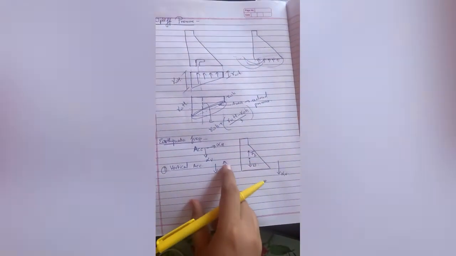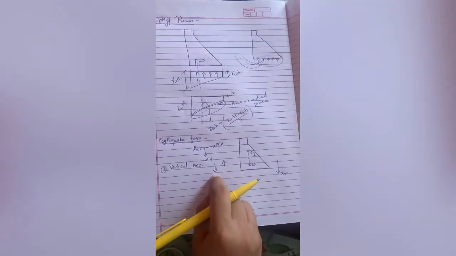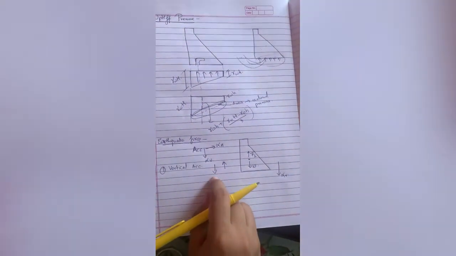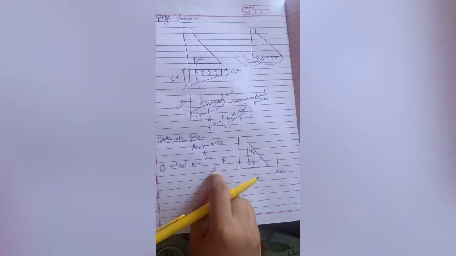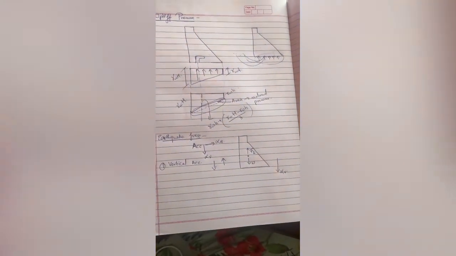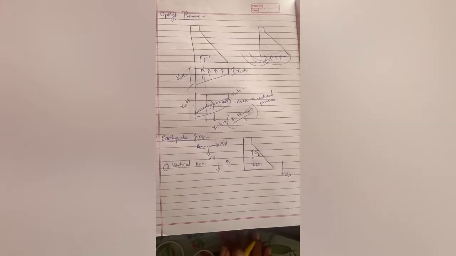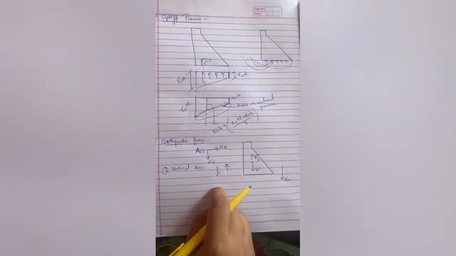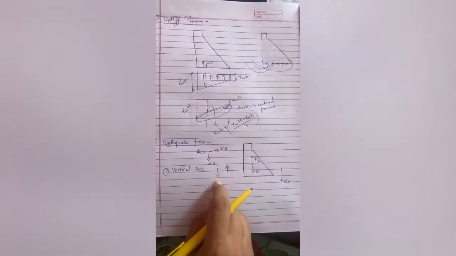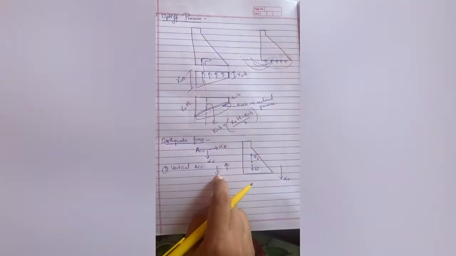Within these two cases, vertical acceleration acting in the downward direction is the worst case, because if acceleration is acting in the downward direction, it will impact our dam at a higher rate. So we have to find out how to set the criteria for vertical acceleration.